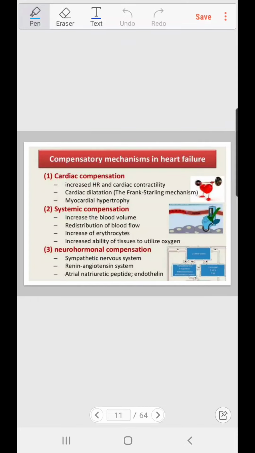The heart has compensatory mechanisms that our body uses in order to compensate for heart failure. One is to increase heart rate and cardiac contractility, cardiac dilation, and these cause myocardial hypertrophy. And at the systemic level, increased blood volume, redistribution of blood flow, increased erythrocytes, increased ability of tissue to utilize oxygen.